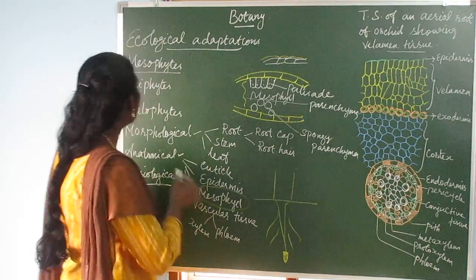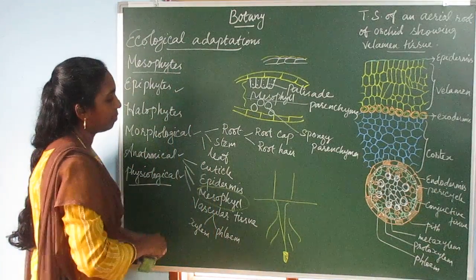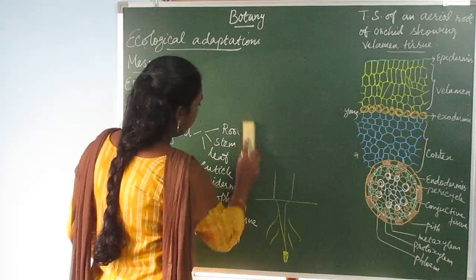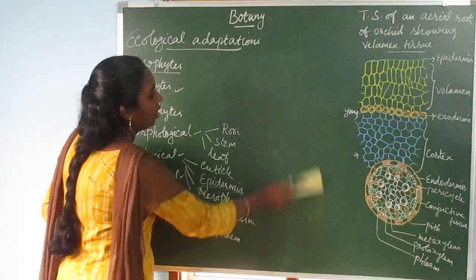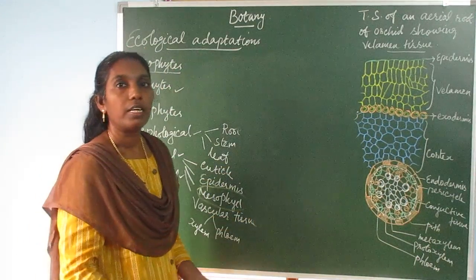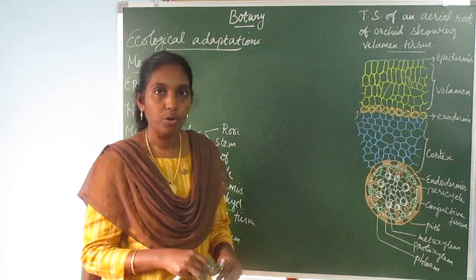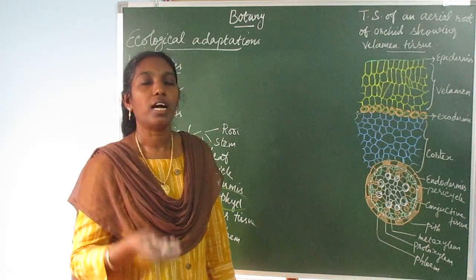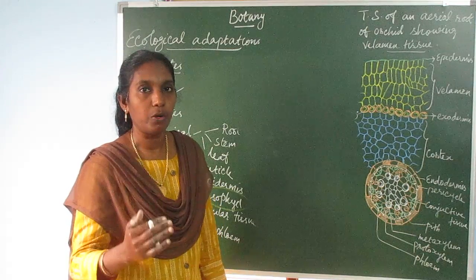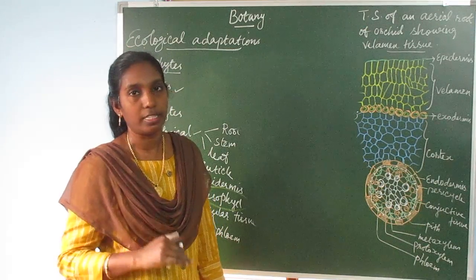Let's move to the second question, epiphytes. What are epiphytes? Epiphytes are the plants which grow perched on other plants. What's the meaning of perch? It needs a support, which requires a support on other plants.